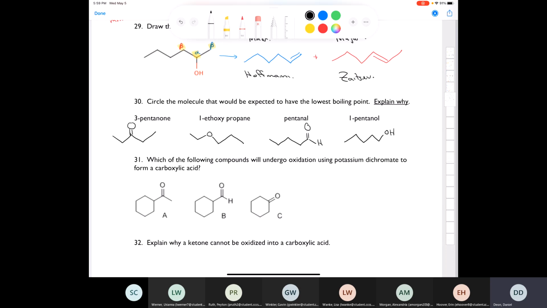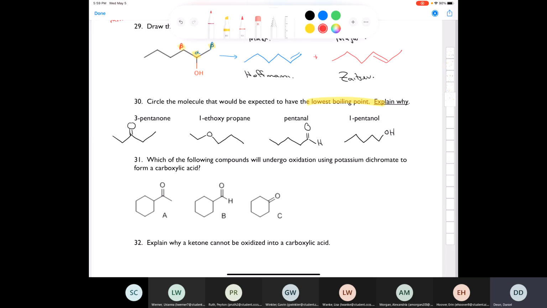We spent a lot of time talking about ketones, aldehydes, carboxylic acids, alcohols, alkanes, and their boiling points. Can anybody suggest which one of these would have the lowest boiling point? And it's not a trick. Yeah, absolutely, Gavin.